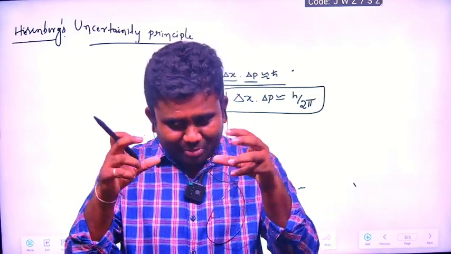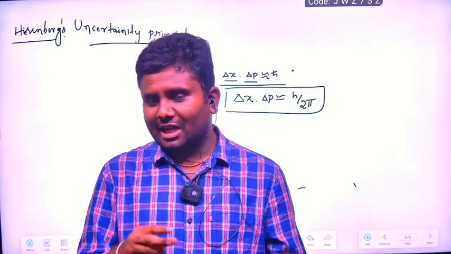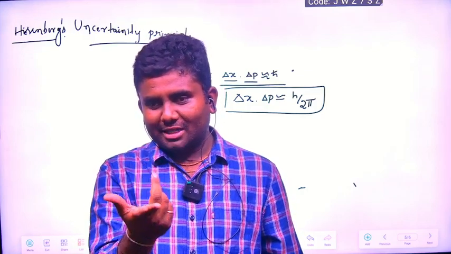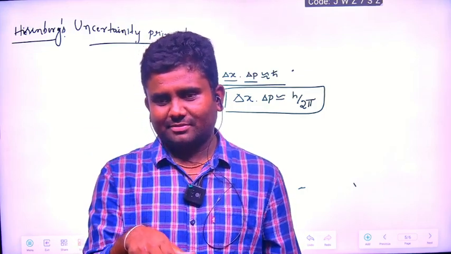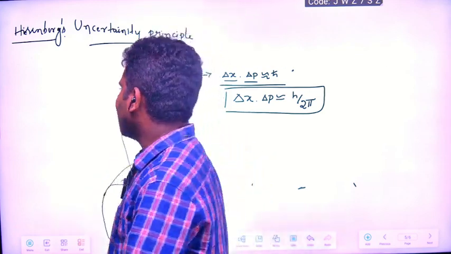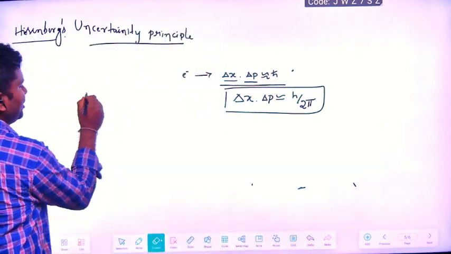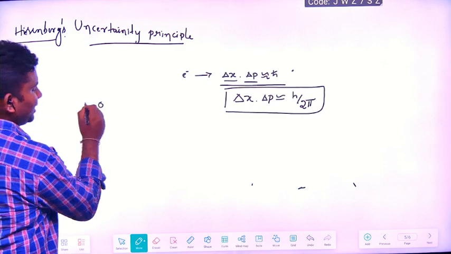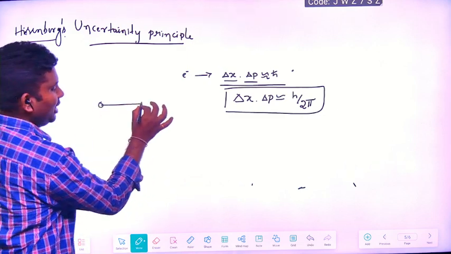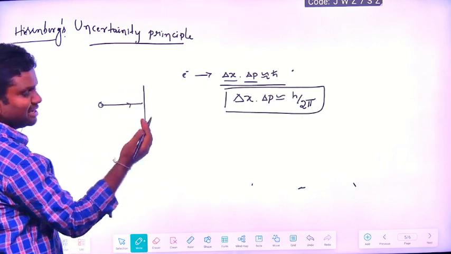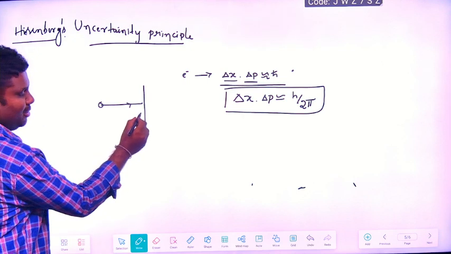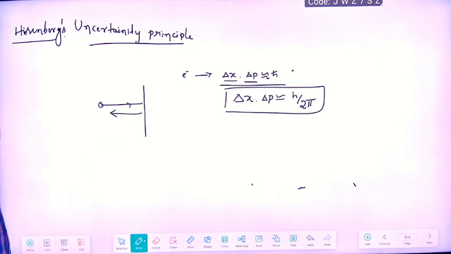Maybe our eyes cannot see it properly. Electron has both particle nature and wave nature. Understood? So what is particle nature? For example, you take one body, it will go and hit the wall. As a particle, what is the conclusion? It will bounce back. Correct, right?